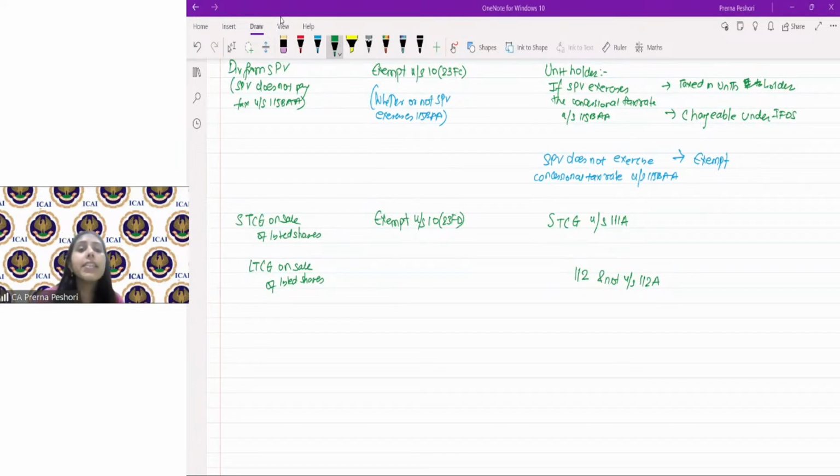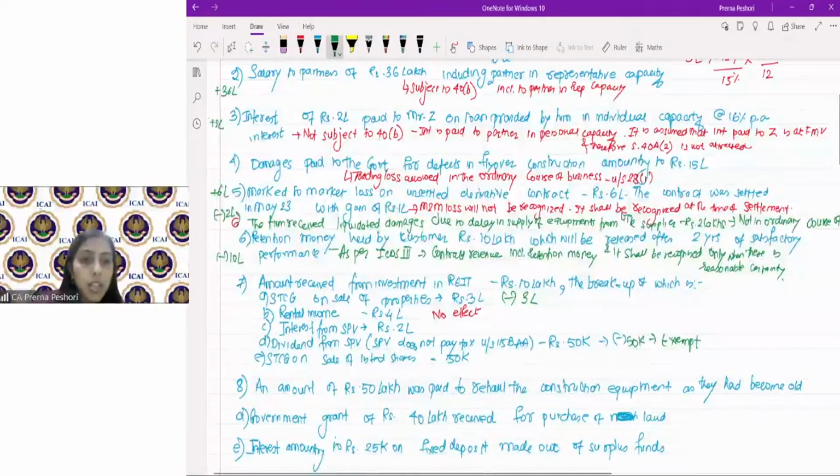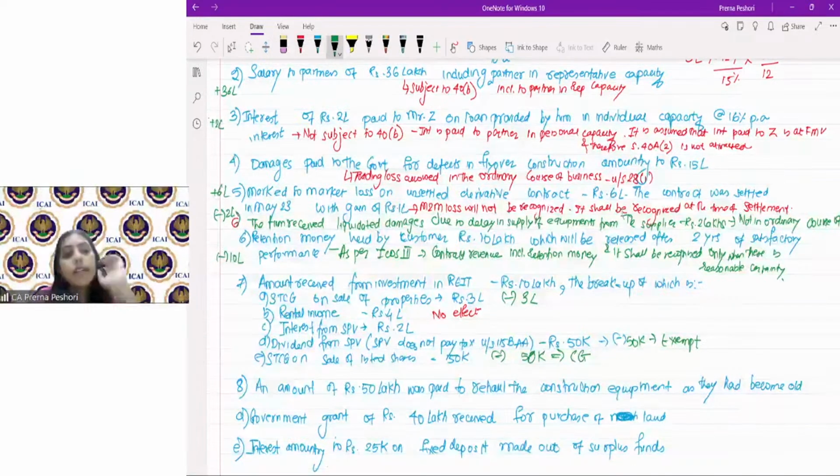So here again, this will be reduced from the business income and put to capital gain. This will be taxed under the head capital gain. Are we clear? Any questions? Any doubt? Clear? Right?